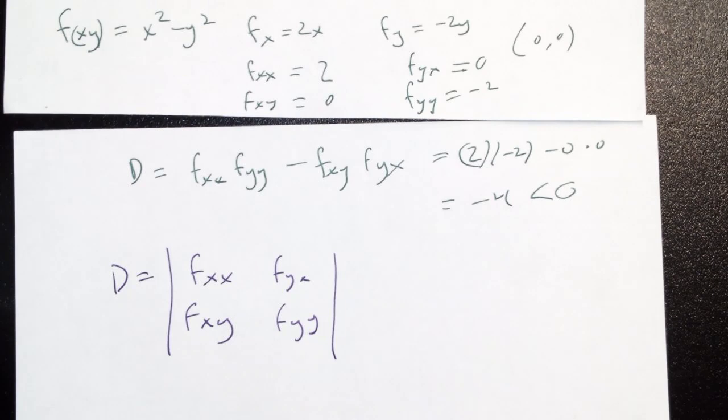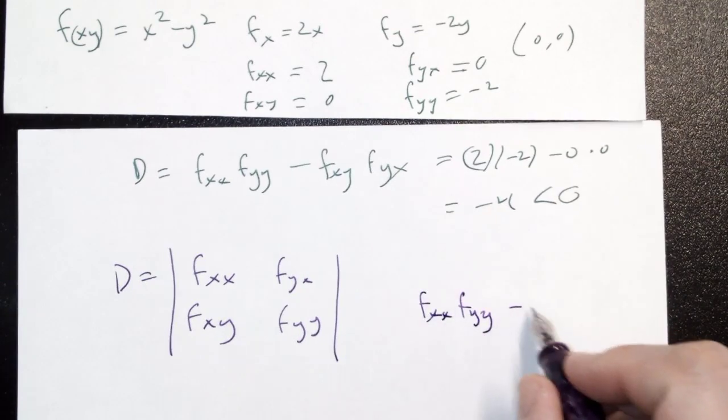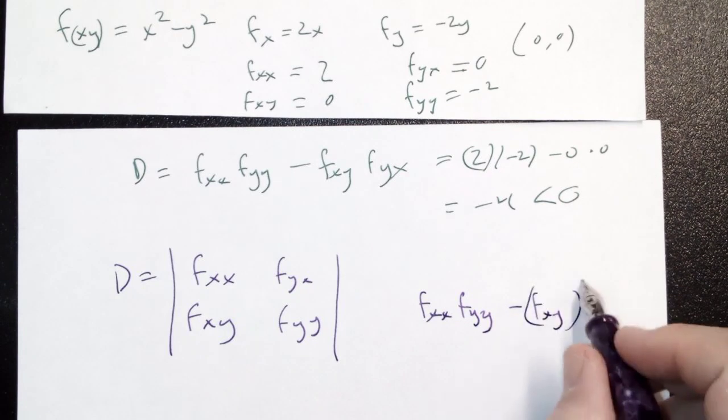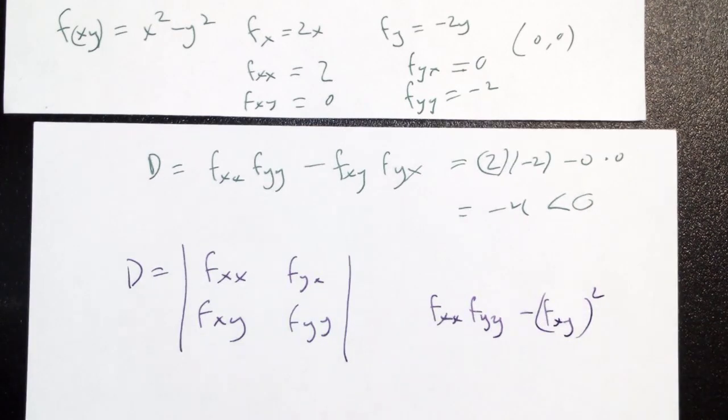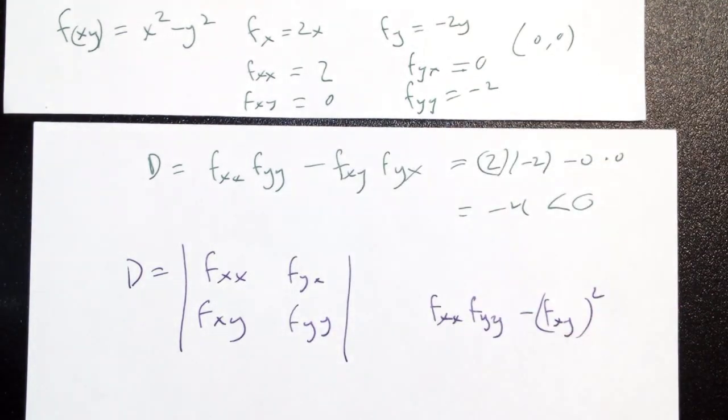Some textbooks will actually write our formula for D as fxx fyy minus fxy squared for just that reason. I don't care which version you want to remember it by. This one, or this one, or this one, they're all equivalent. Questions?